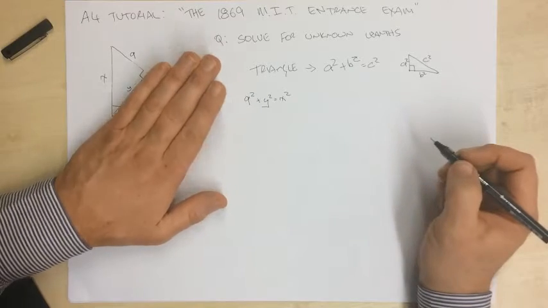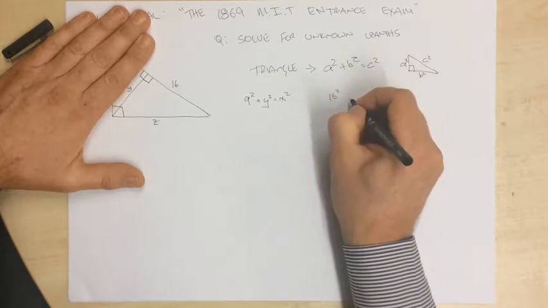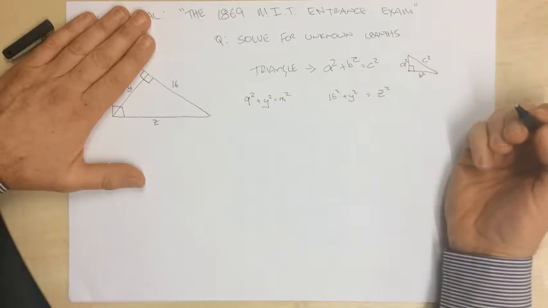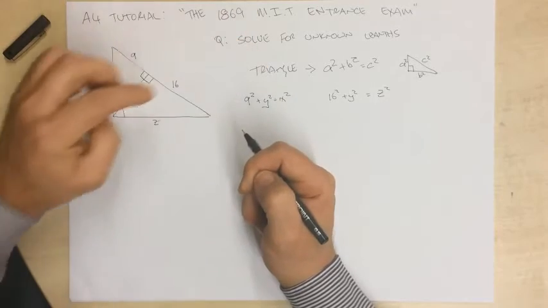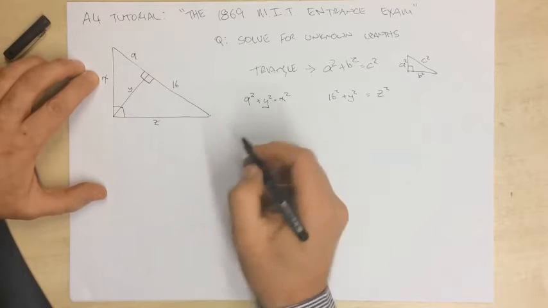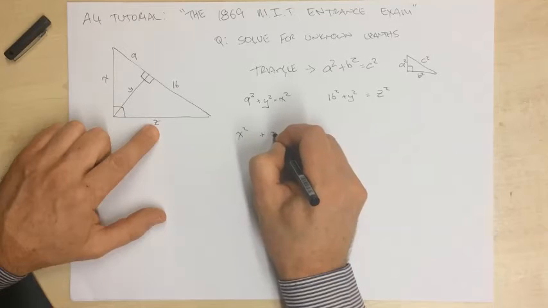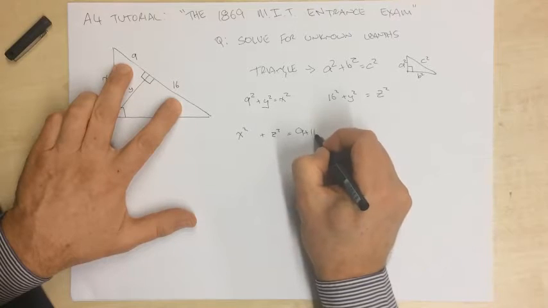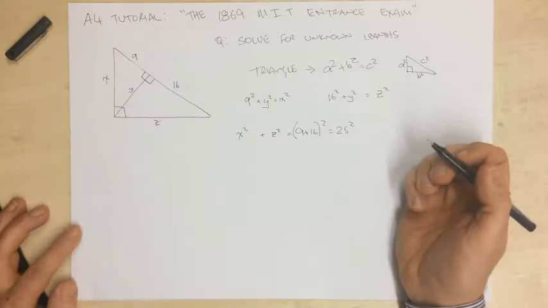And similarly, if we apply it to this triangle here, we can see that 16 squared plus y squared equals z squared. Right angle triangles, applying your basic theorem. And if we look at the one overall, we can see that x squared plus z squared equals 9 plus 16 all squared, which is 25 squared.